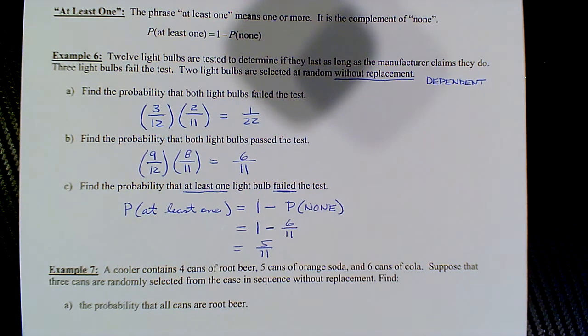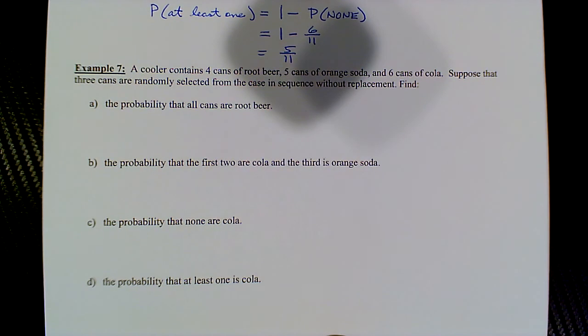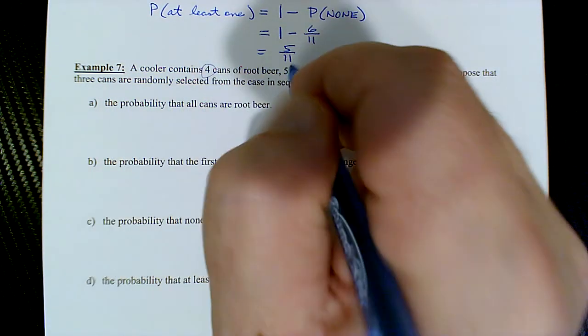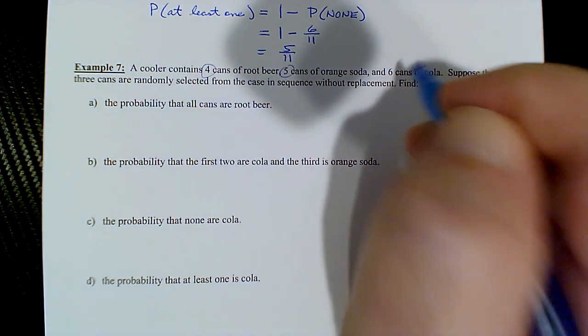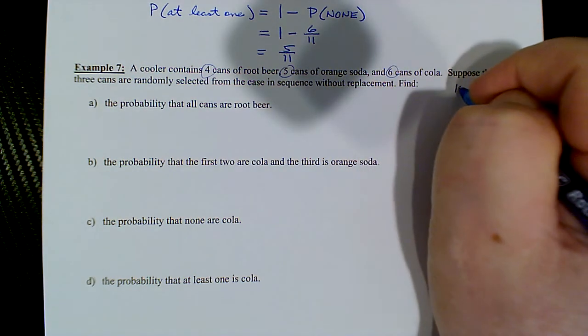Okay, and then finally a classic example at the end here. Got all these different cans of soda. If you add them all up, 4 root beer, 5 orange, 6 cola, 15 total.